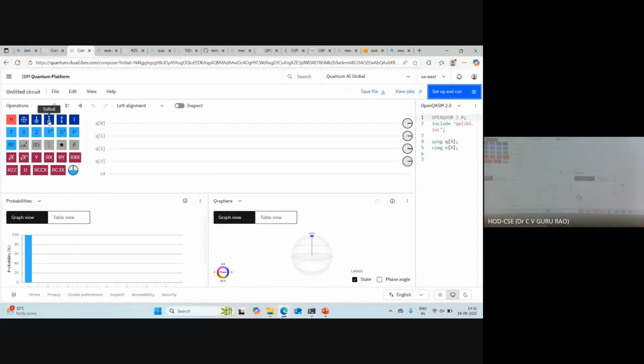The Toffoli gate is the CCNOT gate. In a controlled NOT gate, there is only one control qubit and another one is the target qubit. If we have two controls in CCNOT, we have two controls and one target. Whenever both controls are in state one, the target is flipped. Another one is the swap gate, identity, phase gate, T gate.